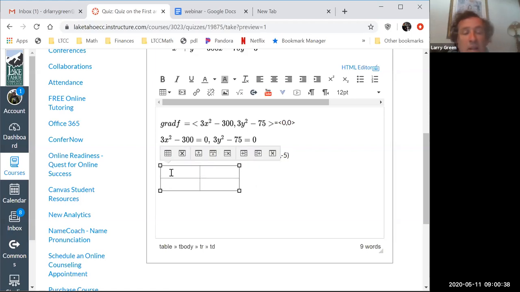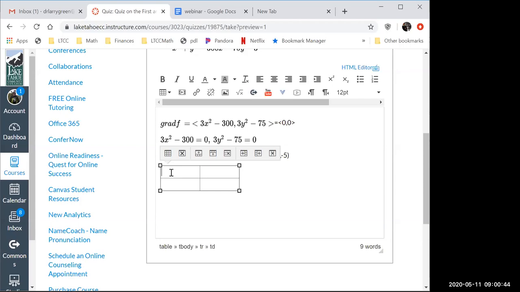What's the first entry of our matrix? fxx, which is 6x. What's the next entry?